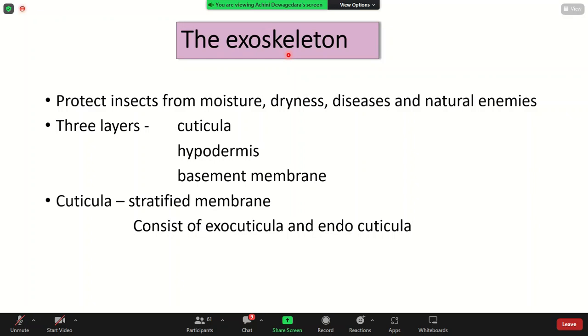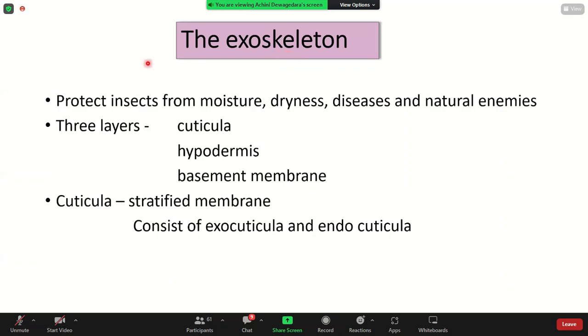Right? This exoskeleton protects the insects from moisture, dryness, diseases, and natural enemies. The main function is to provide hardness, stiffness, and maintain the body shape of insects. And also, it will protect the insect body from moisture, dryness, diseases, and other enemies.